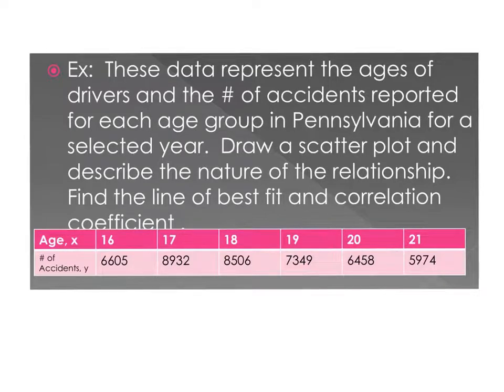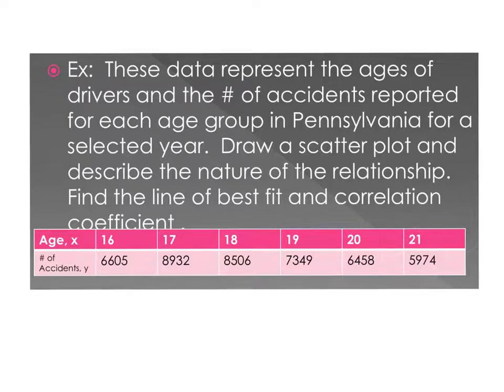You have some options. You can hit the window button and manually change the left X, the right X, the upper Y and the lower Y. In this case, you might go from 15 to 25, for example.